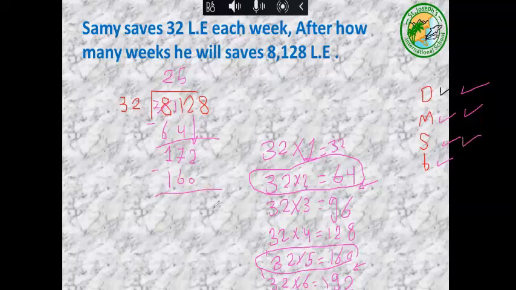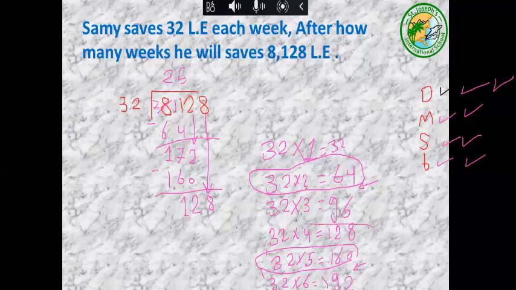Subtract. 2 minus 0 equals 2. 7 minus 6 equals 1. And 1 minus 1 equals 0. We don't write 0 on the left. Fourth step, I will bring down 128. I will repeat my steps one more time. 128 divided by 32.